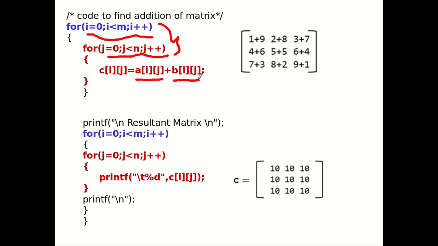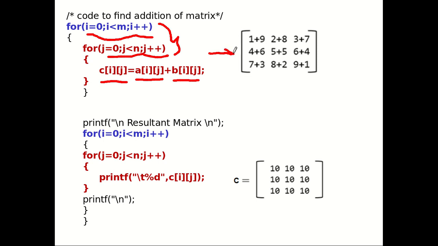First row, first column value of B. After addition, the result will be stored in first row, first column of matrix C. So this process will be continued till all the elements are added from matrix A to matrix B.